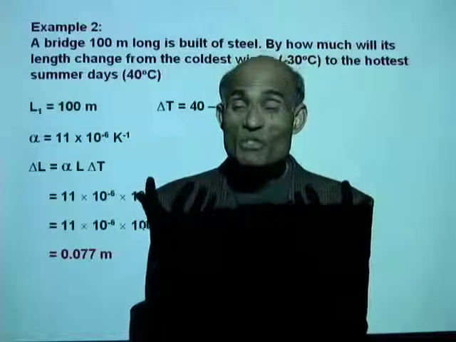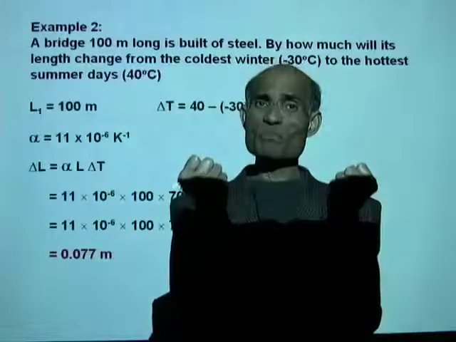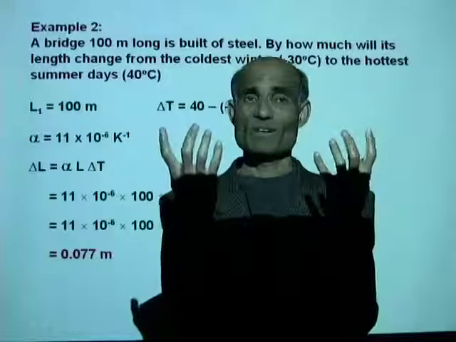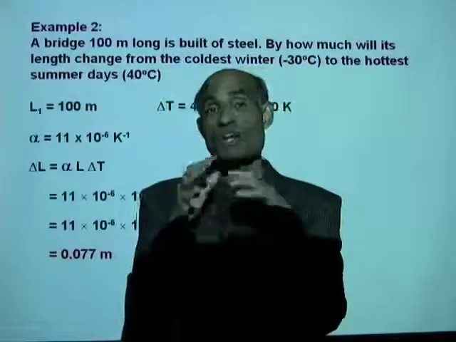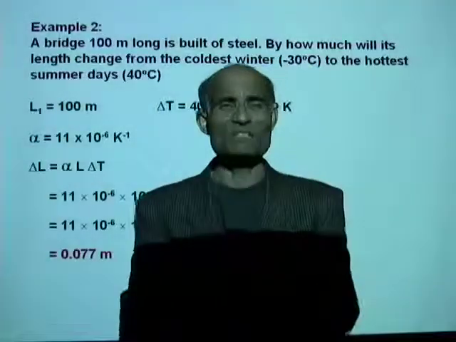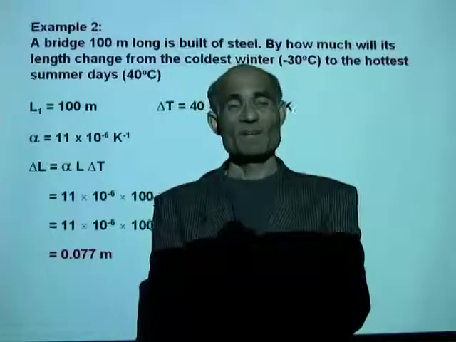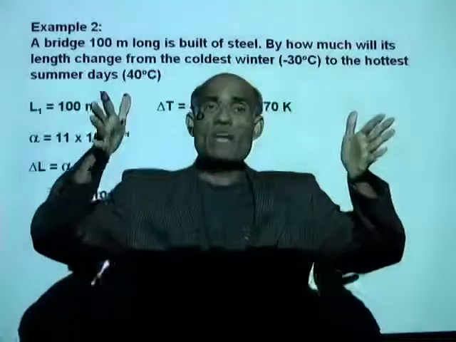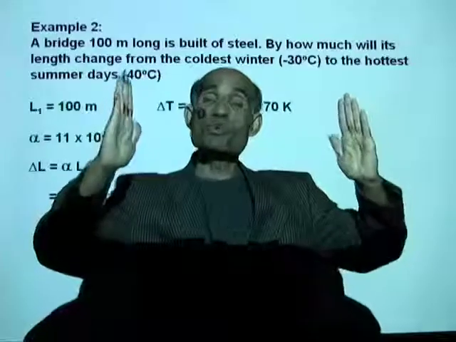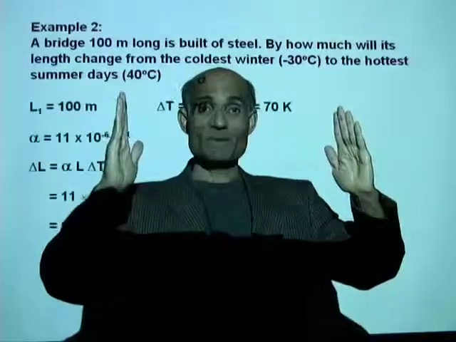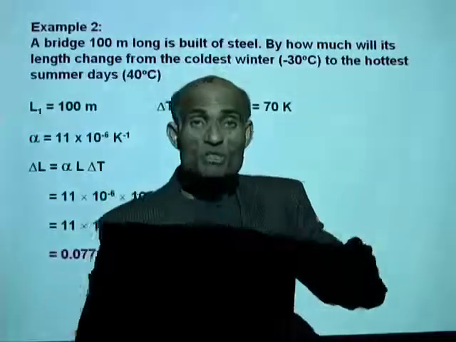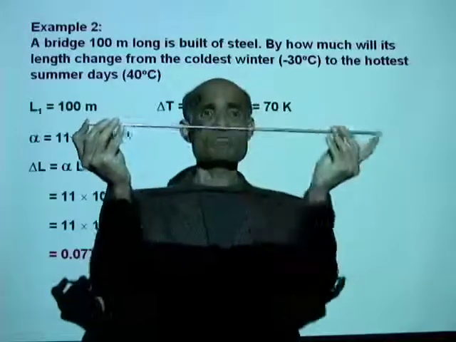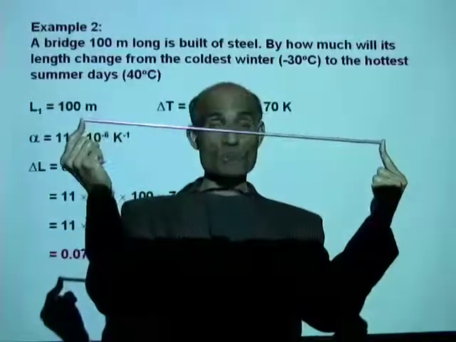Look at this. When temperature increases, the length of the bridge increases. So, if you are training to be an engineer, a civil engineer for example, tell me, is it safe to build a bridge between two fixed columns? Suppose this is a bridge built between two fixed columns.